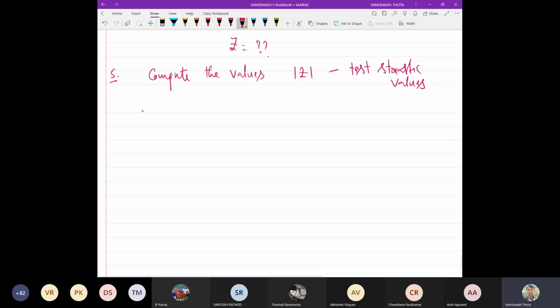I'll just take 2 more minutes. In between, I cannot stop it. Now, after computing the test statistic value, we need to do the comparison. So, what is the comparison? If the test statistic value is less than the critical value, it implies accept H naught.